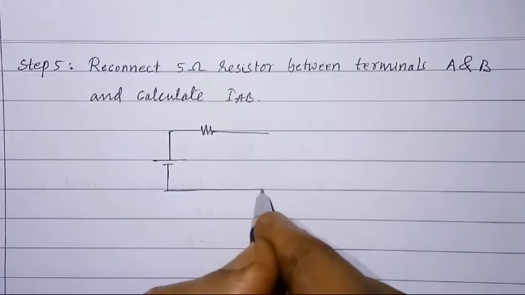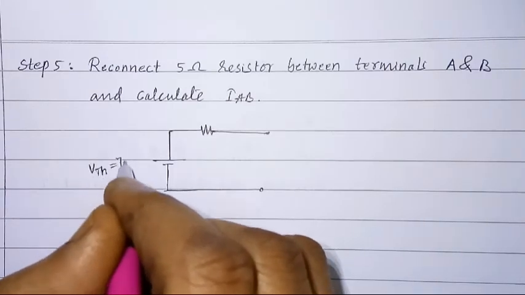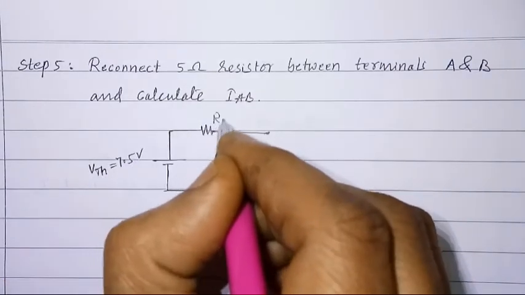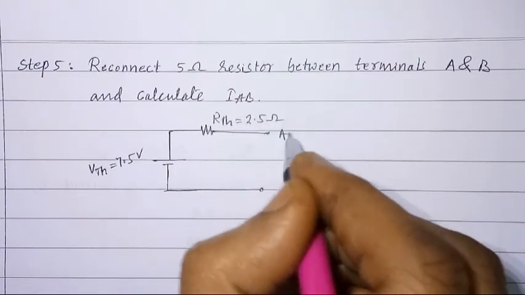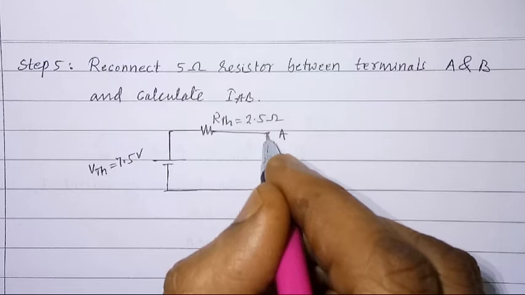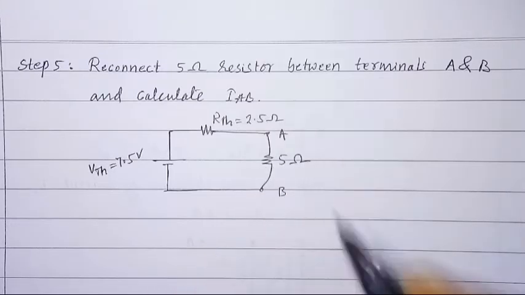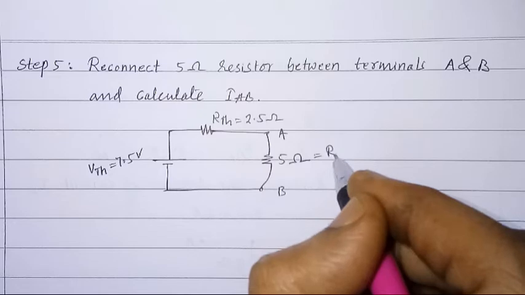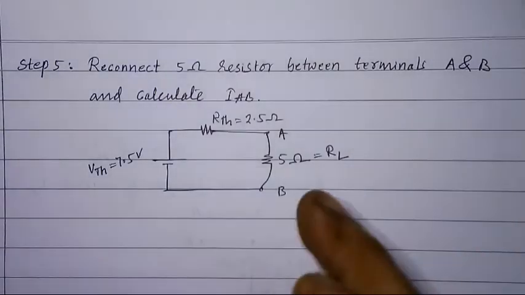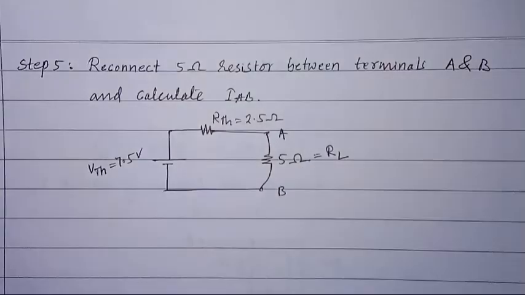Thevenin's equivalent circuit between terminals A and B. VTH equal to 7.5 volt, RTH equal to 2.5 ohm, terminal A, terminal B, and now I am bringing here the 5 ohm resistor which we disconnected in step 1, and this is nothing but our load resistance, because in this resistor only we have to find the current.